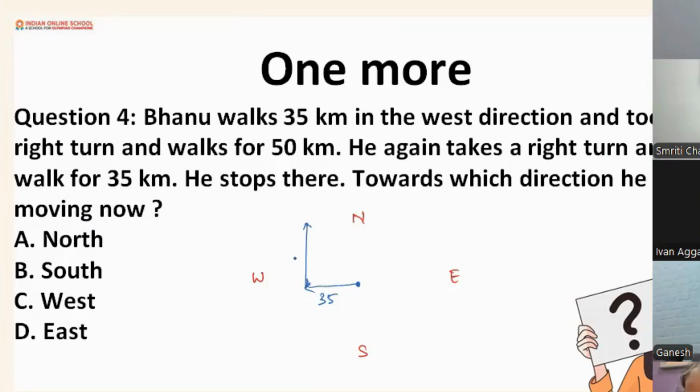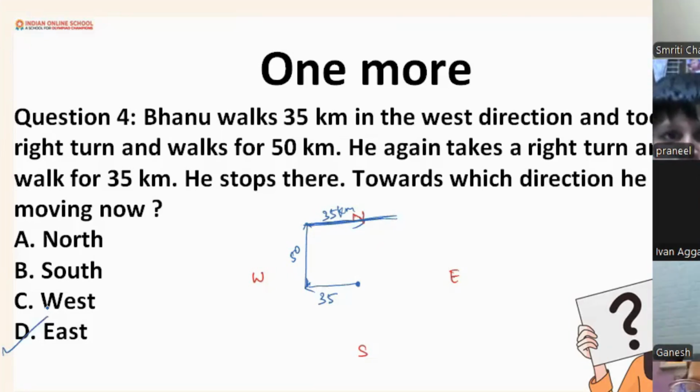Then after that, he again takes a right turn. So where is the right turn? East, and walks for 35 kilometers. Now the question is asking towards which direction is he moving? Yes, Pranil? East. That is so simple. East. Got it, everybody?